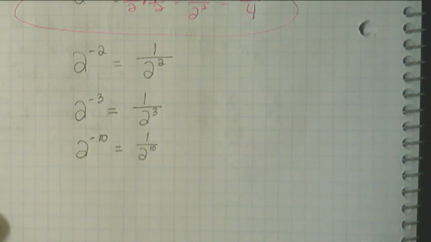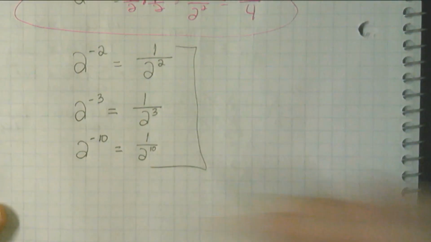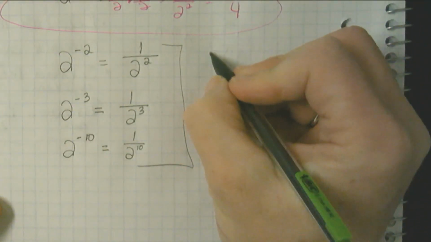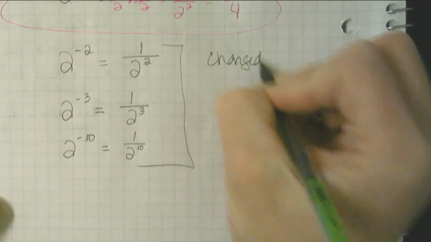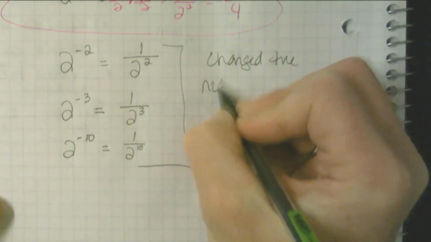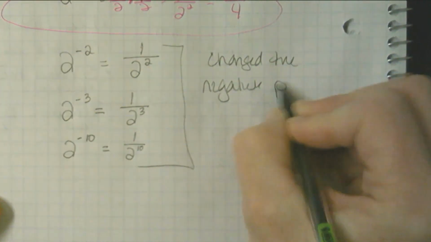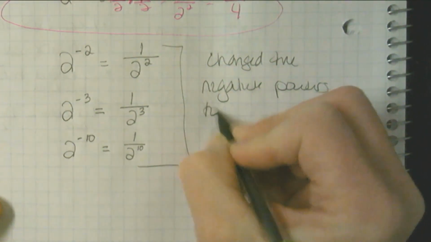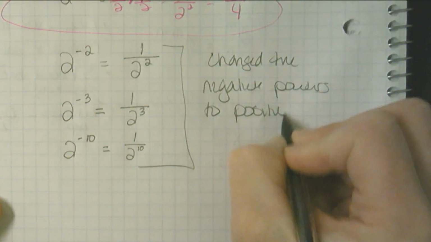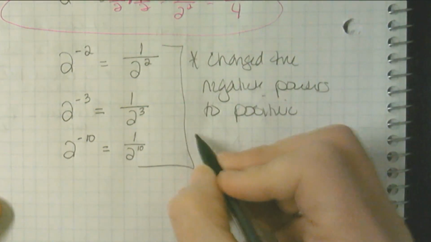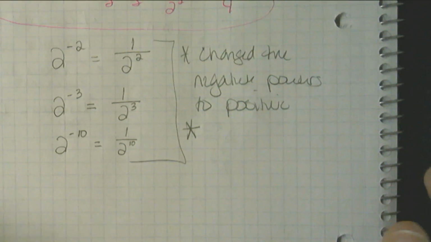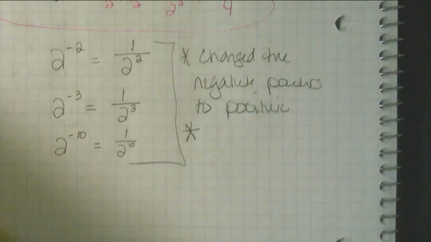Yes. So what we've done here is we have changed the negative powers to positive. And you're thinking, why do I need to do that? All right, to apply a power, the power has to be positive.